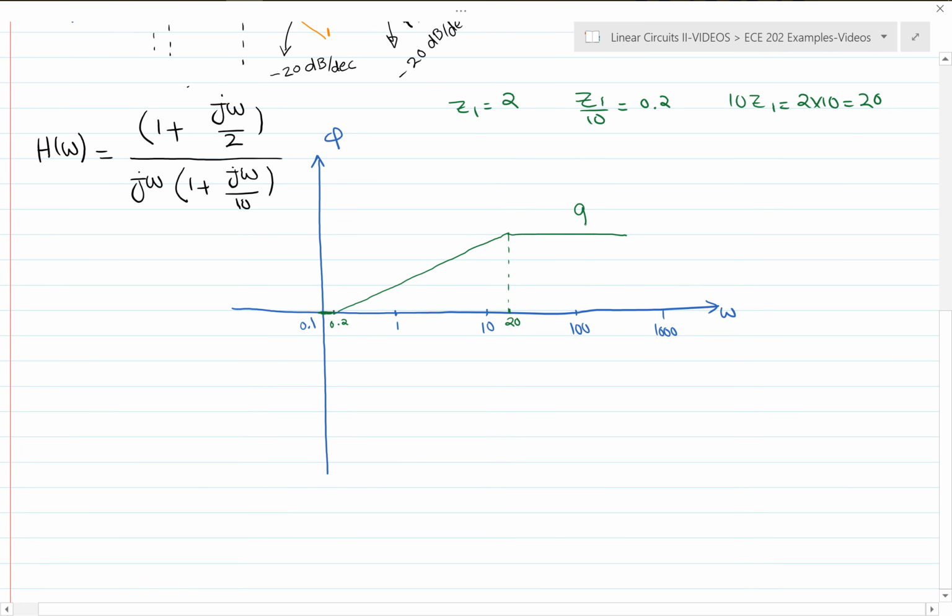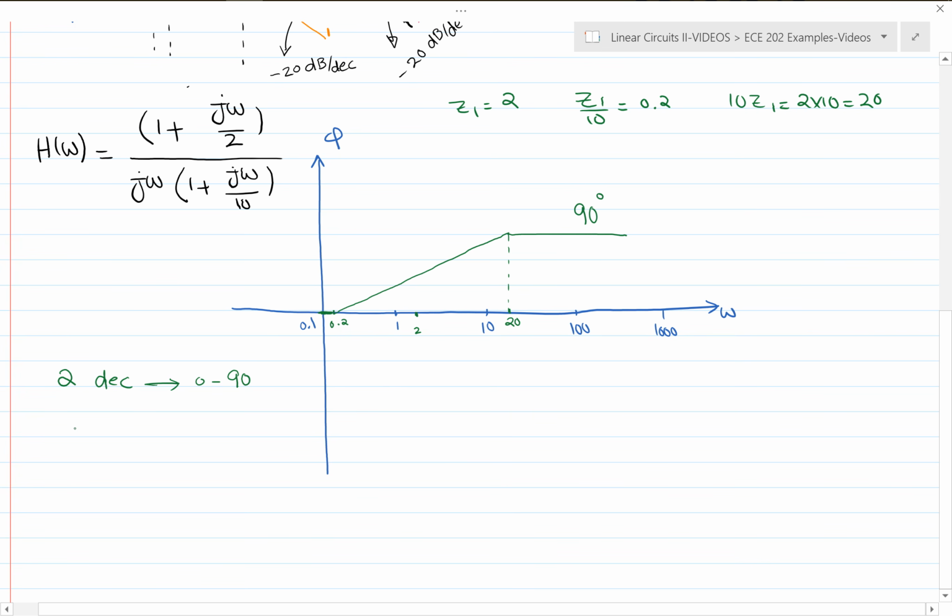Okay, so how can I find the slope of this plot before it reaches 90? See, from 0.2 to 20, it's not 1 decade, it is 2 decades, right? First, from 0.2 until 2 is 1 decade, and then from 2 to 20 is another decade. So in 2 decades, we go from 0 to 90.